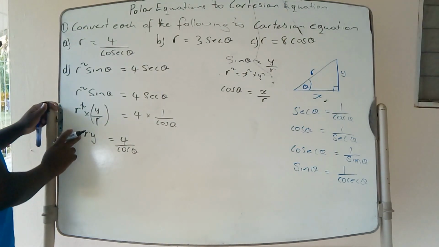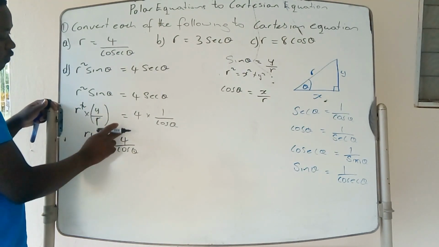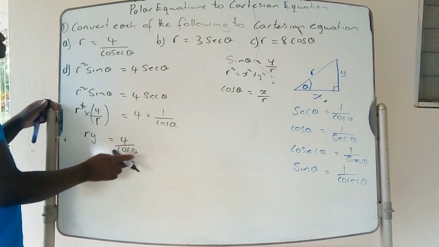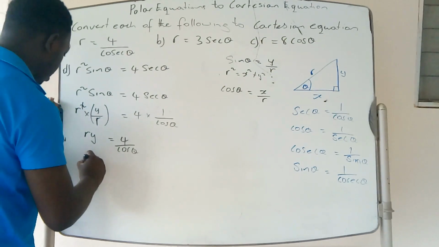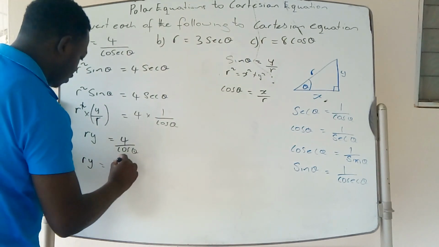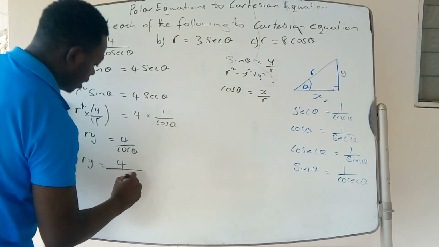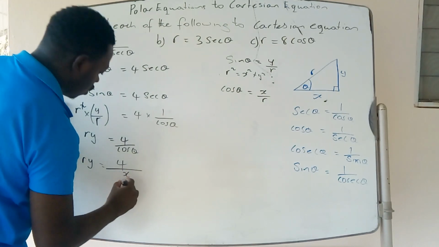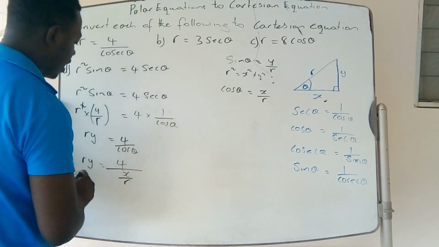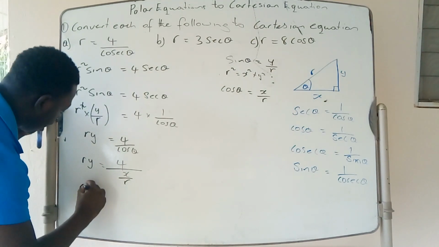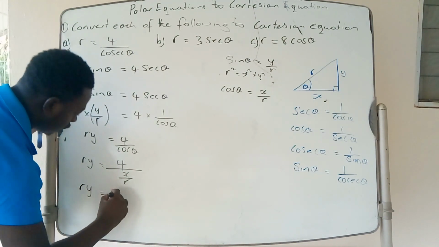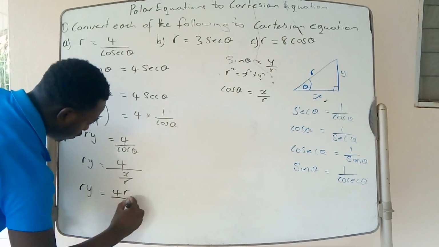So we have ry equal to 4 over cos theta. But what is cos theta? That's just x over r, so we know that ry is equal to 4 divided by x over r. Now 4 divided by x over r is going to be ry equal to 4r over x.